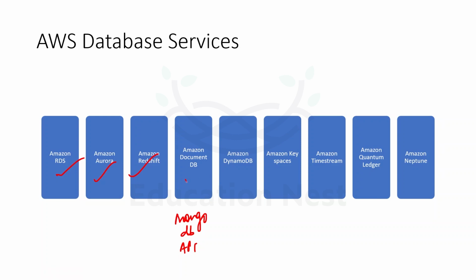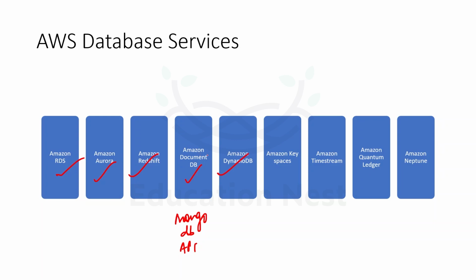The next database is DynamoDB. It is the NoSQL database of AWS. Here again semi-structured data would be stored. It is a key value and document database, so it supports documents as well as key value pairs.